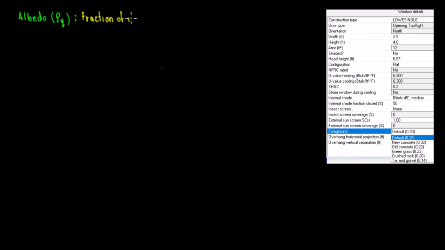So let's put incident, and we're going to explain that in a bit. Albedo is a fraction of the incident sunlight that is reflected, but since we're talking about G, it is reflected from the ground.